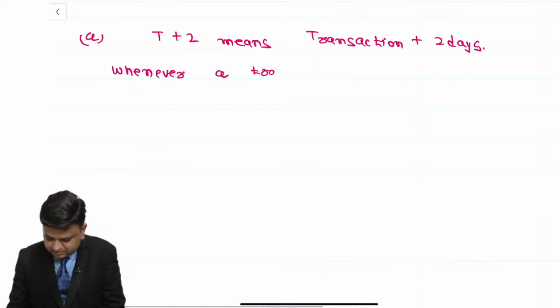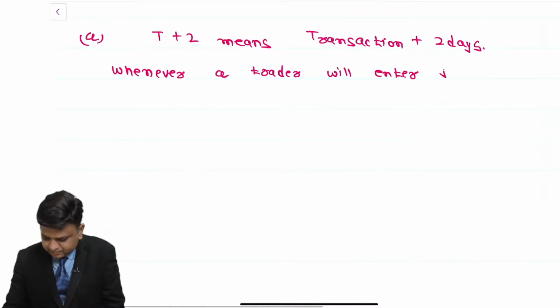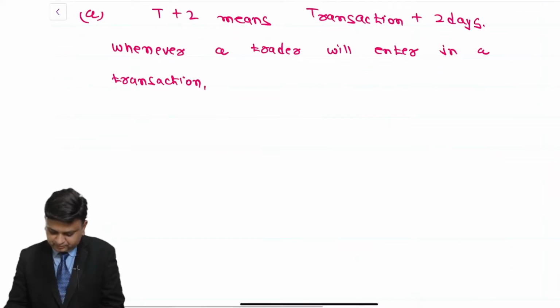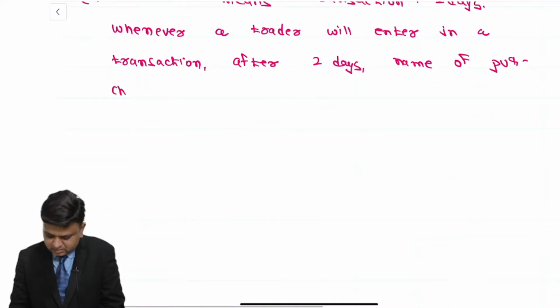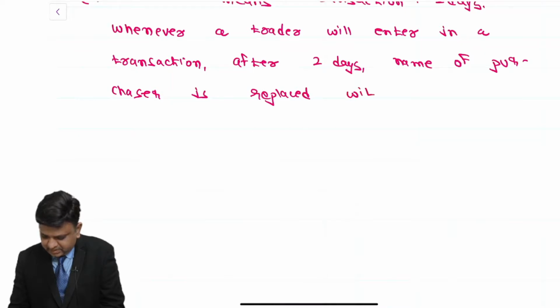Whenever a trader enters into a transaction, comma, after 2 days the name of the purchaser is added, is replaced with the name of the seller.